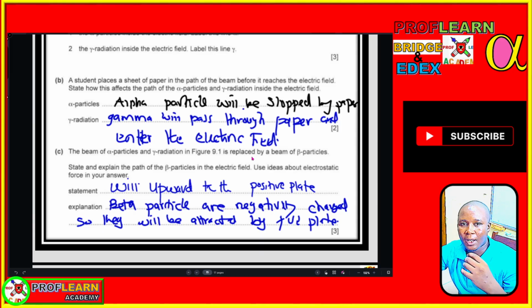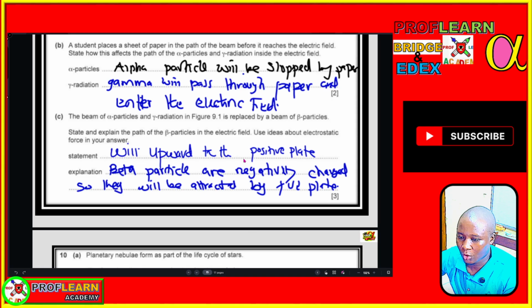Beta particles can penetrate paper but can be stopped by aluminum, but gamma radiation can penetrate all those, but can be stopped by concrete or a thick wall of lead. Now, the beam of alpha and gamma radiations is replaced with a beam of beta particles. State and explain the path of beta particles in the electric field.